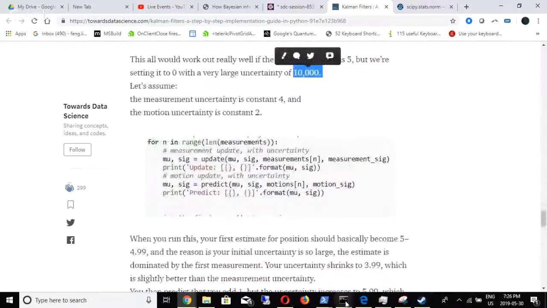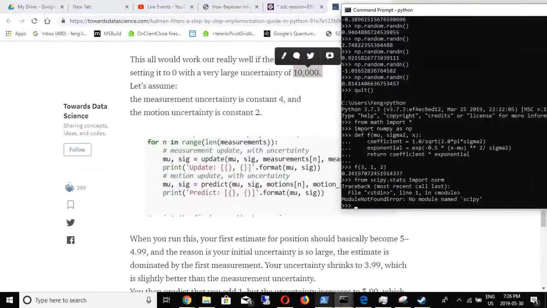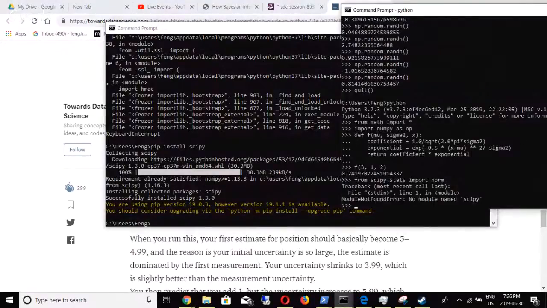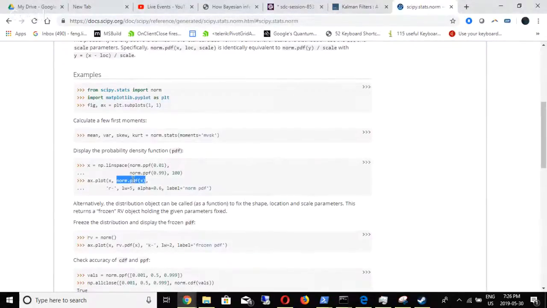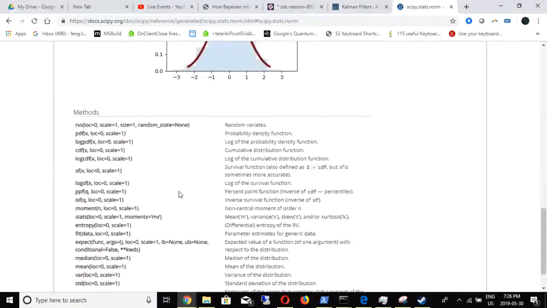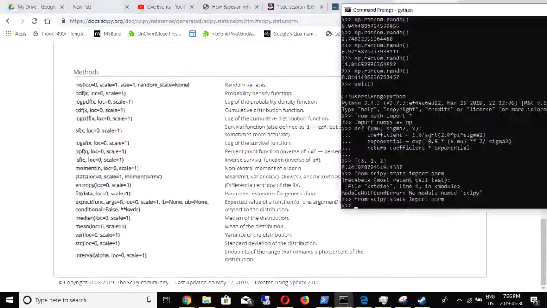Right. Let's see if my thing finished installing. Okay, so my SciPy finished installing, and let me see if I can plot the PDF similar to this. PDF of X. So this will be norm.pdf.